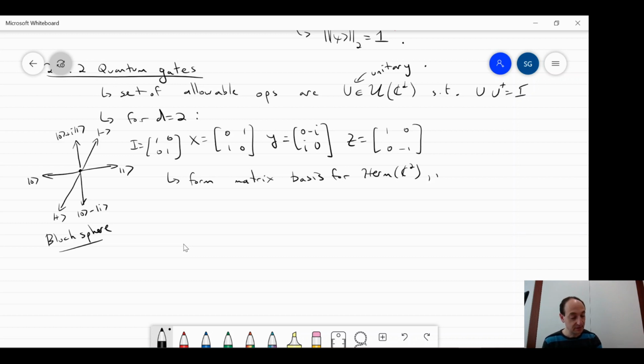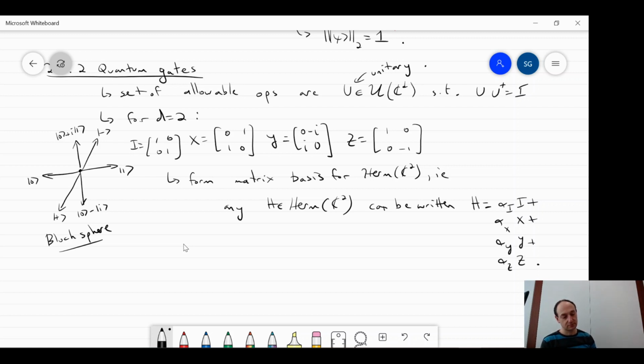That means that, i.e. any Hermitian operator, and I don't think this is in the notes, but it's always good to know, can be written H equals some real number times identity plus some real number times X plus some real number times Y plus some real number times Z.